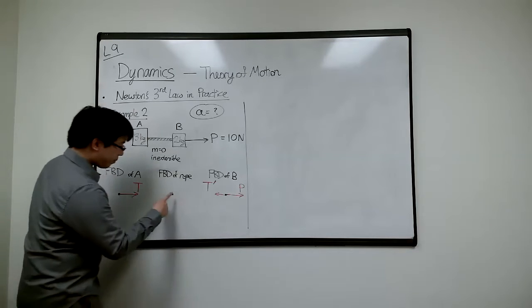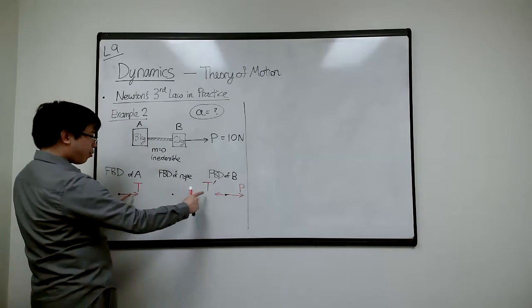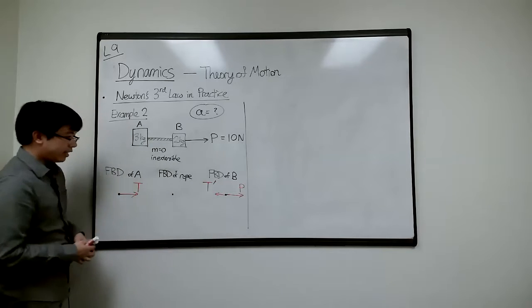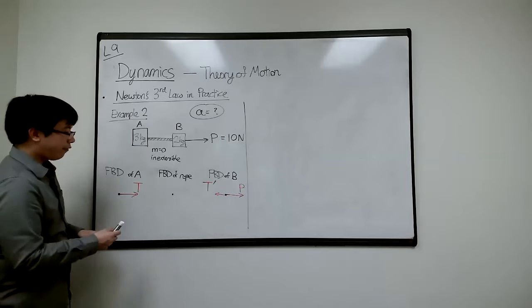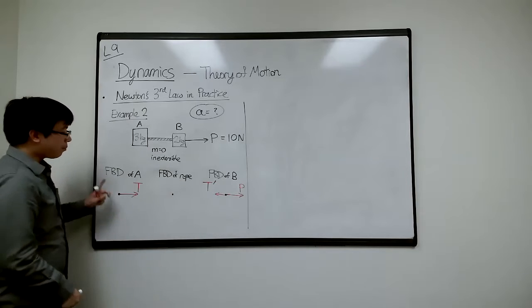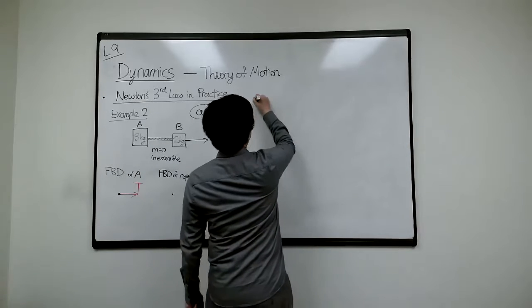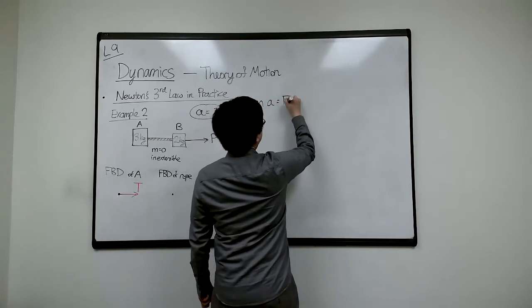Just to complete the picture, I need to relate this T to this T at some point. Why do I even have to relate? Let's actually move forward and see what will happen if we forget to draw the free body diagram of the rope. I want to analyze the acceleration, right? So from the free body diagram of A, I'm going to write ma equals F net.